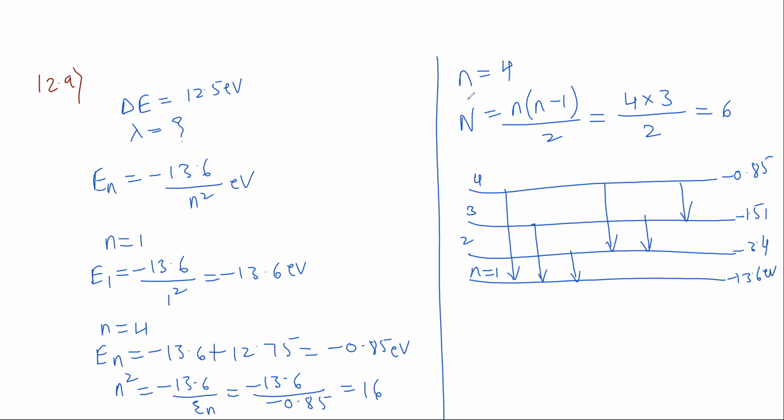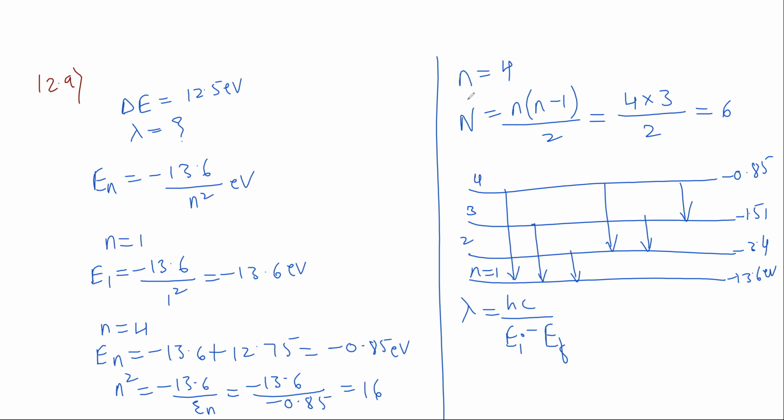So similarly, the emitted wavelength is calculated by lambda is equal to hc divided by initial energy minus final energy. So here fourth to third. So how do we calculate fourth level to third level?